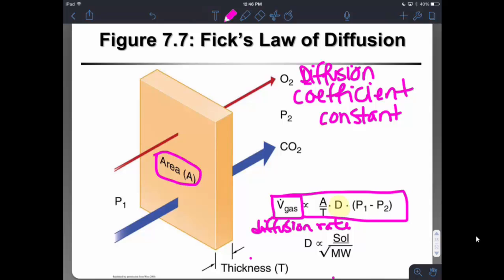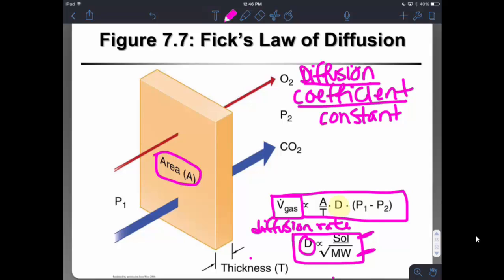Every gas has its own diffusion coefficient. Oxygen has a diffusion coefficient and CO2 has a diffusion coefficient. Without going into a whole lot of detail, because it's not important at this point, the diffusion coefficient has to do with the solubility of the gas and the molecular weight of the gas.